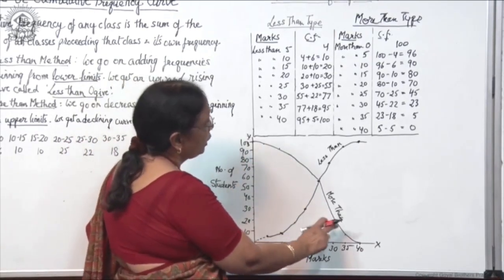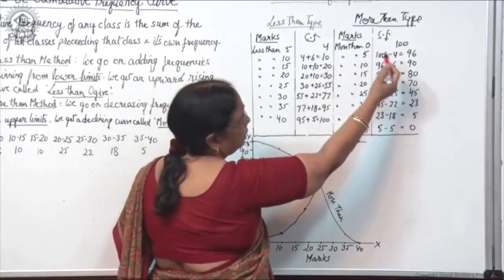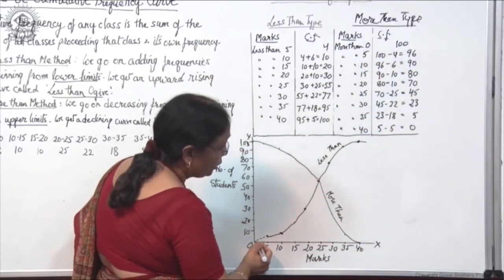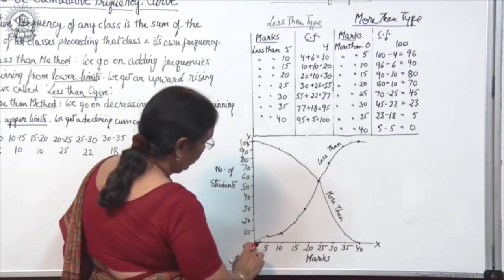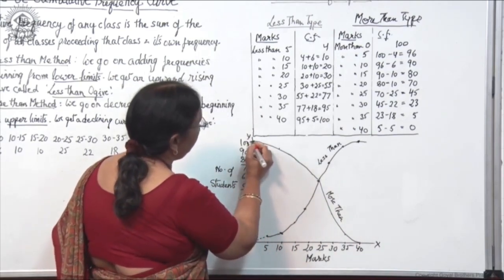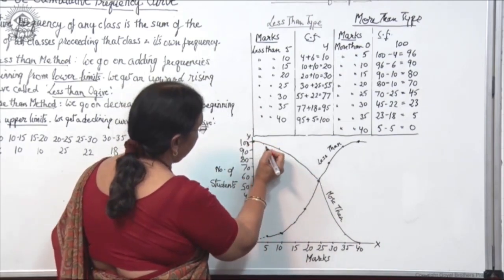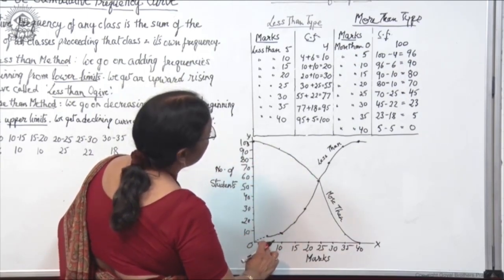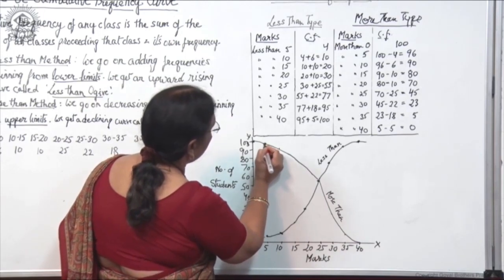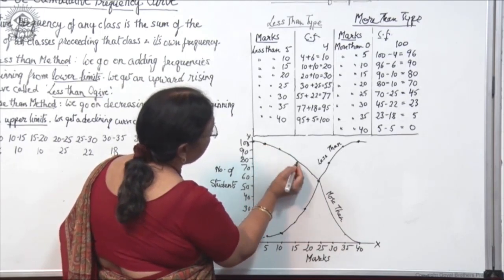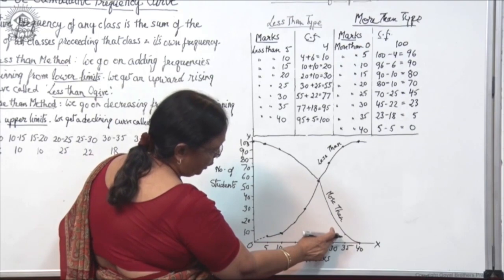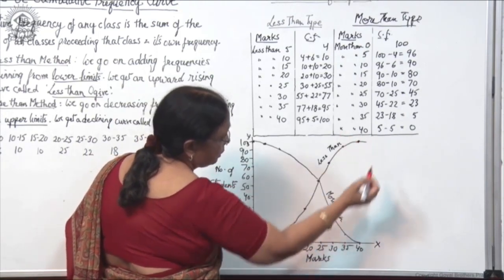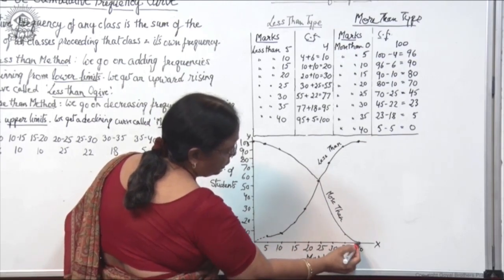Now, for the more than ogive, we will take this one, 0: more than 0 are 100, first point. Then next is 96, more than 5 there are 96, then this one, and we go on getting the points like this, and the last one is more than 40 is 0.